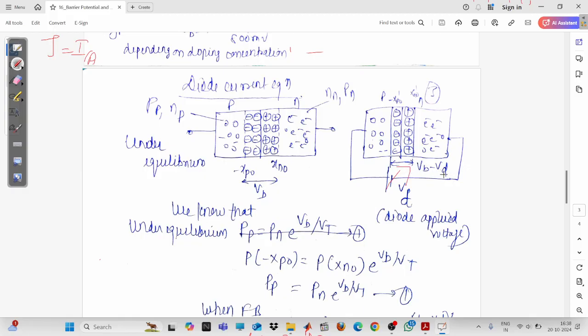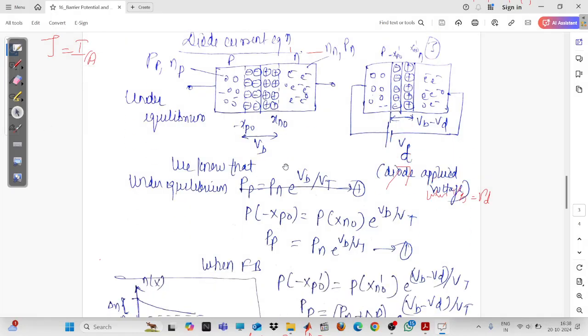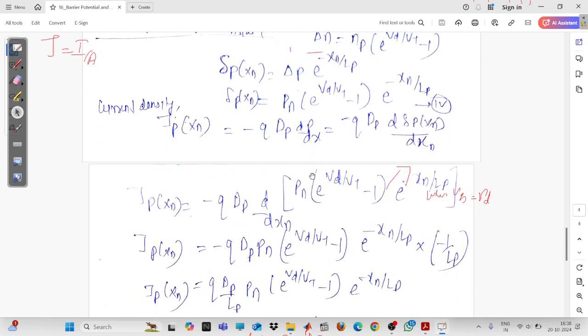When the Vd value becomes equal to the barrier potential Vb, the resultant voltage applied across the depletion layer will be zero. At that time the current will flow heavily from the P towards the N side.